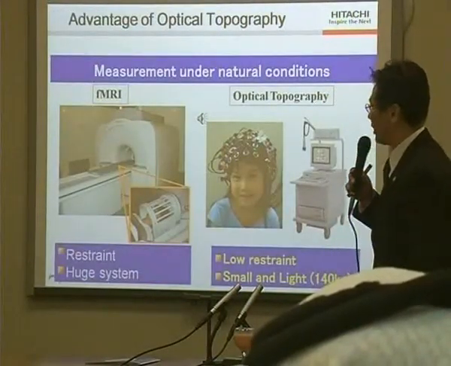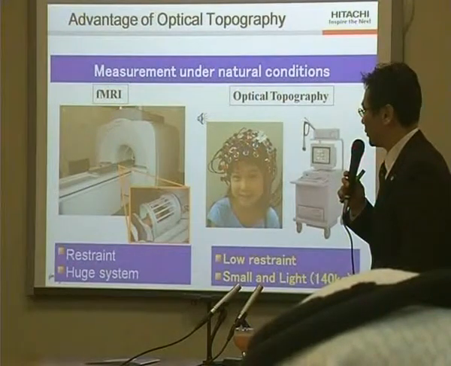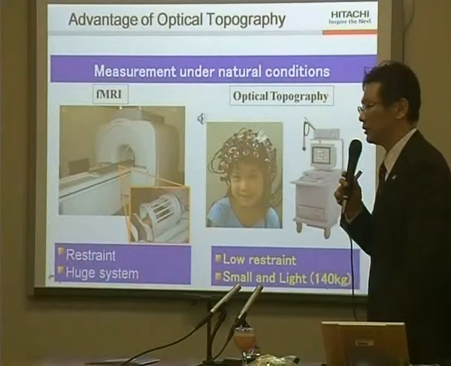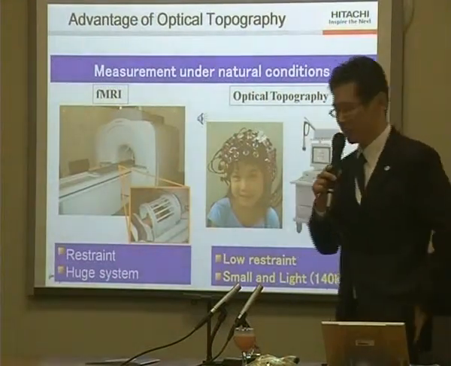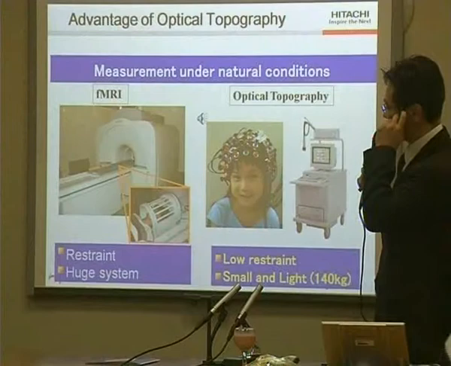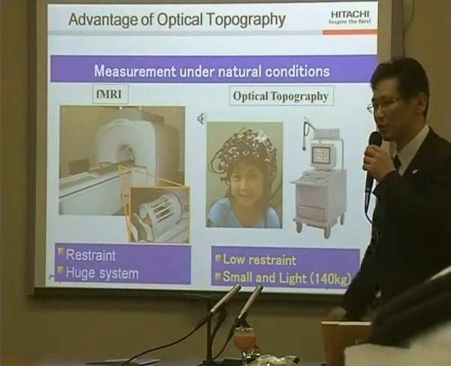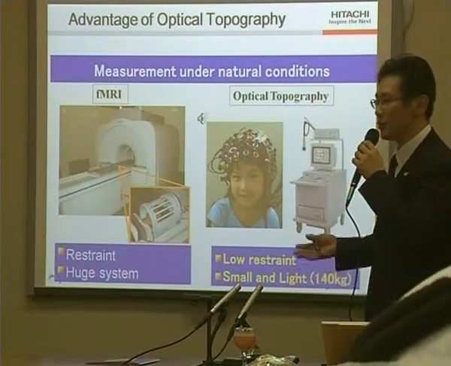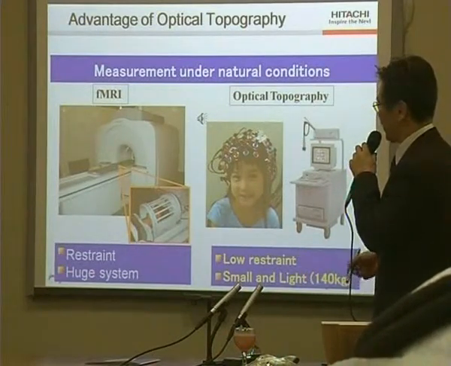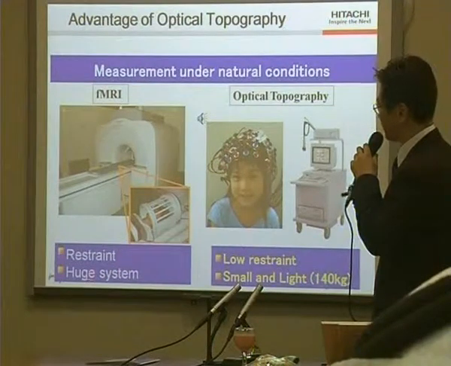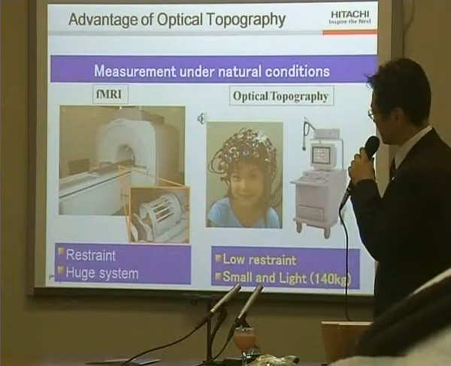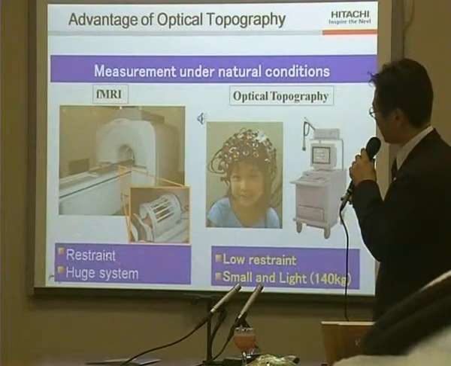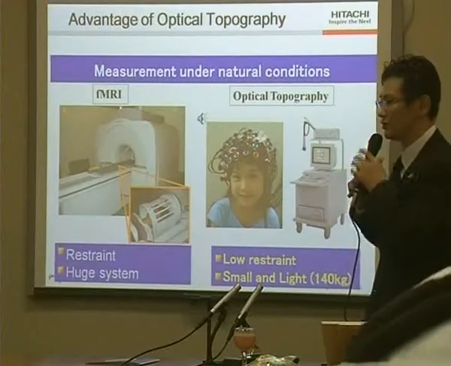As you know, functional MRI is a very famous neuroimaging system. The spatial resolution is very high, but the temporal resolution is about 2 or 3 seconds. The problem is that the subject should be restrained, and the system is very huge.